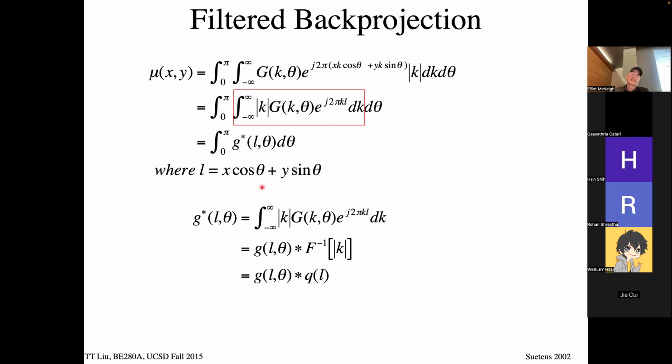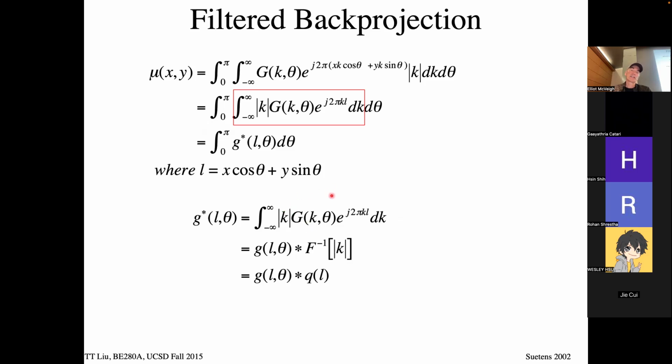Let's take a closer look at G star of little l, theta. That's just taking this thing and putting it down here. It's the inverse Fourier transform of a product, and this is why we spent time on the convolution theorem for the Fourier transform.